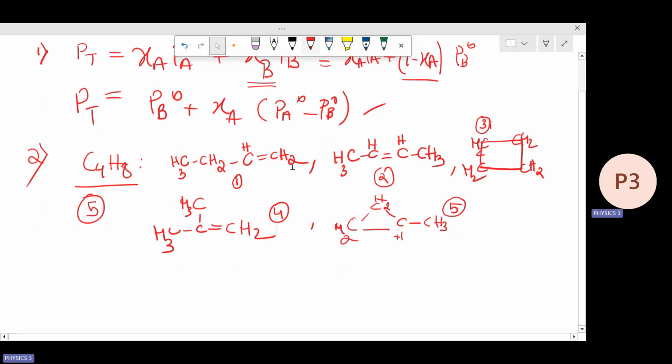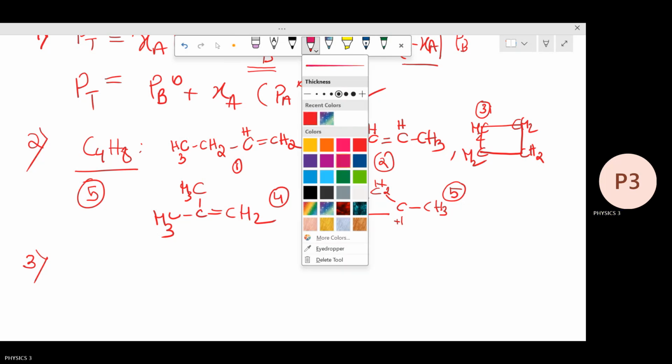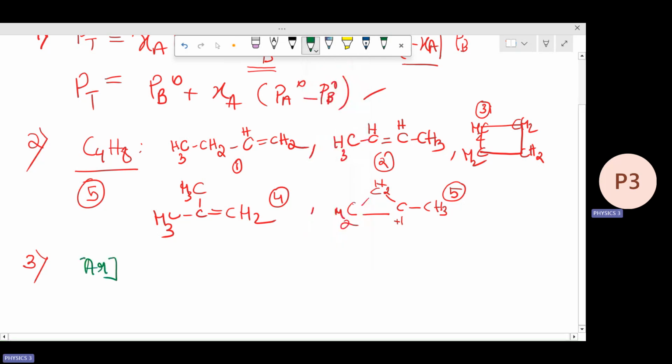Next, question number 3. They are asking us to identify the element for which the electronic configuration in the +3 oxidation state is argon 3d5. As we are going for argon 3d5, we can easily figure out that it will have an electronic configuration of something more than 3d5, because in its 3rd oxidation state we are getting argon 3d5.